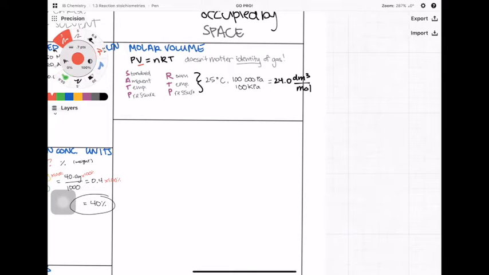So if you have 1 mole of any gas at SATP, it'll take up 24 decimeters cubed.